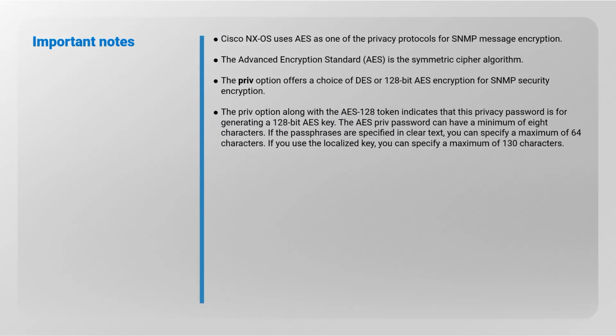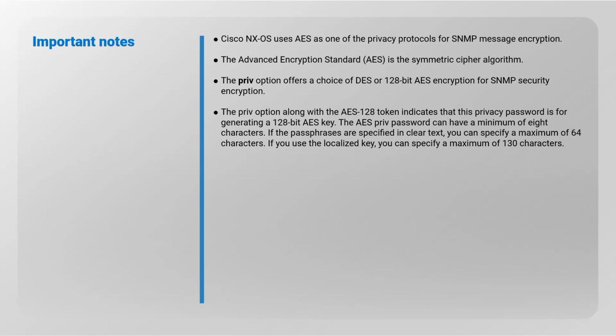Important notes. Cisco NXOS uses AES as one of the privacy protocols for SNMP message encryption. The Advanced Encryption Standard is the symmetric cipher algorithm. The priv option offers a choice of DES or 128-bit AES encryption for SNMP security encryption.